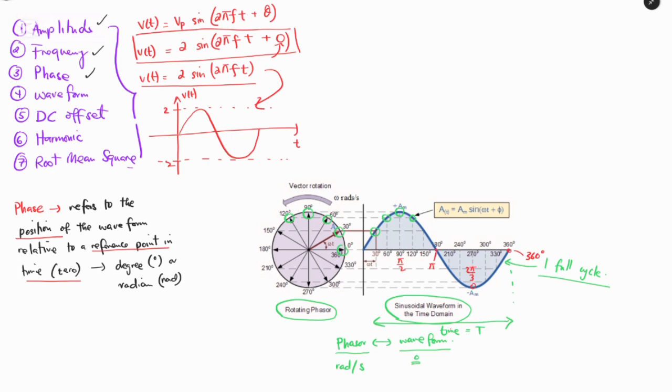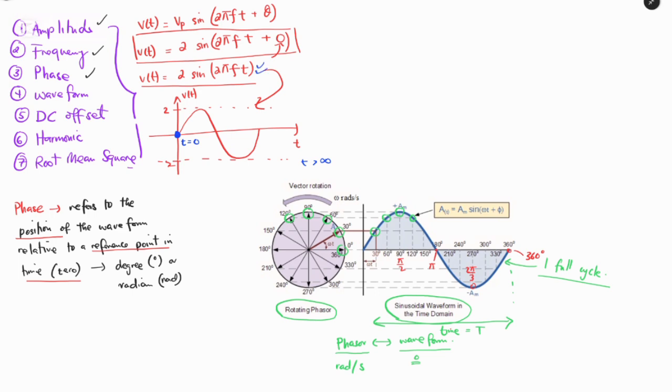The starting point is when t is equal to 0. This waveform begins when t is equal to 0, and it will continue to oscillate as t approaches infinity. This type of signal now represents the equation given here.